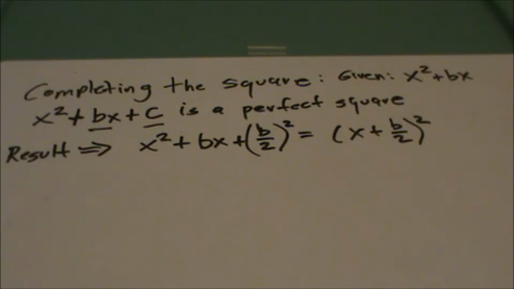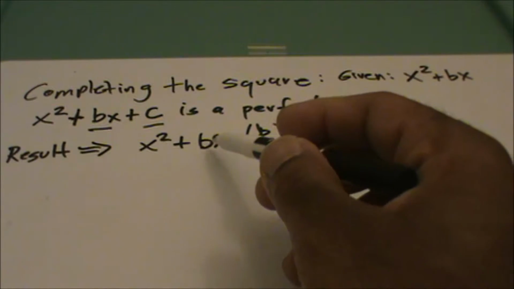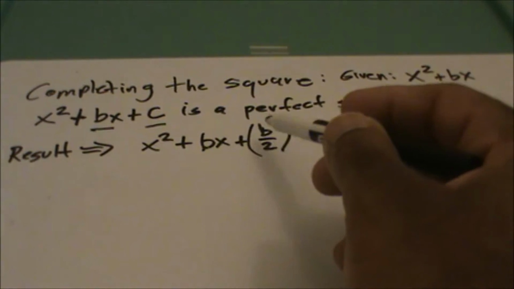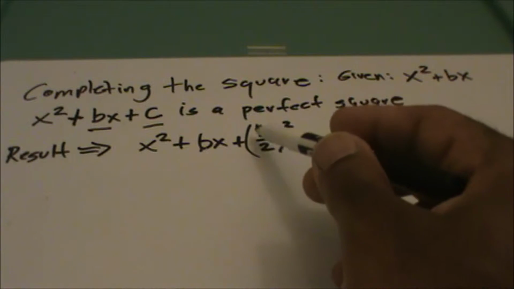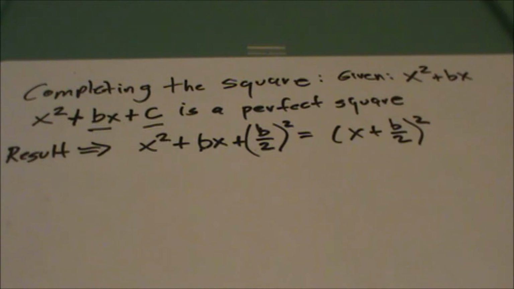But at first I want to demonstrate if it's given in x squared plus bx form, this would be the result. You would take the b part, take half of it, and then square it, and you would get the third term, which will be the c. Okay, I'll give you a few examples starting right now.